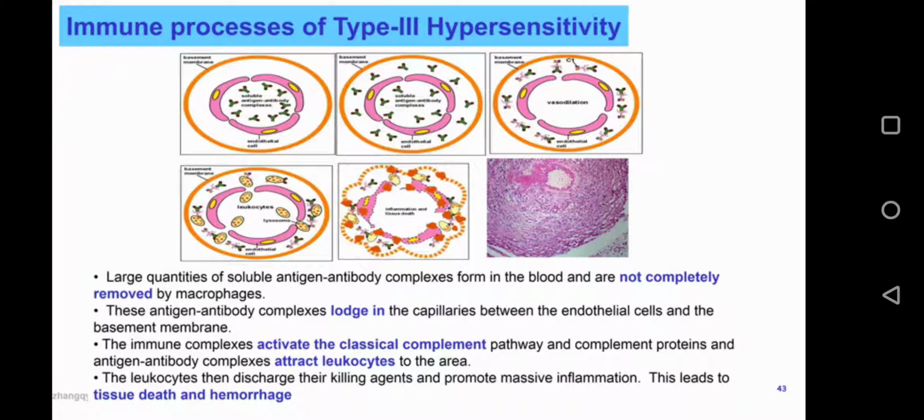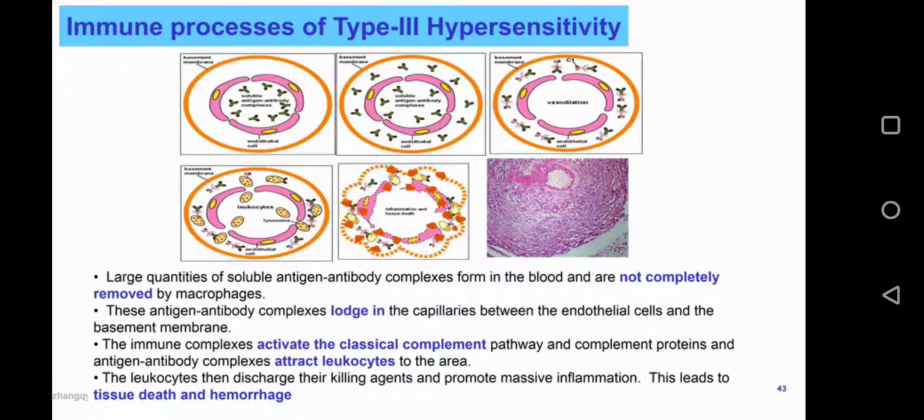If they lodge in the basement membrane, they will activate complement, and the complement activation products attract neutrophils to arrive here because there is a foreign complex.